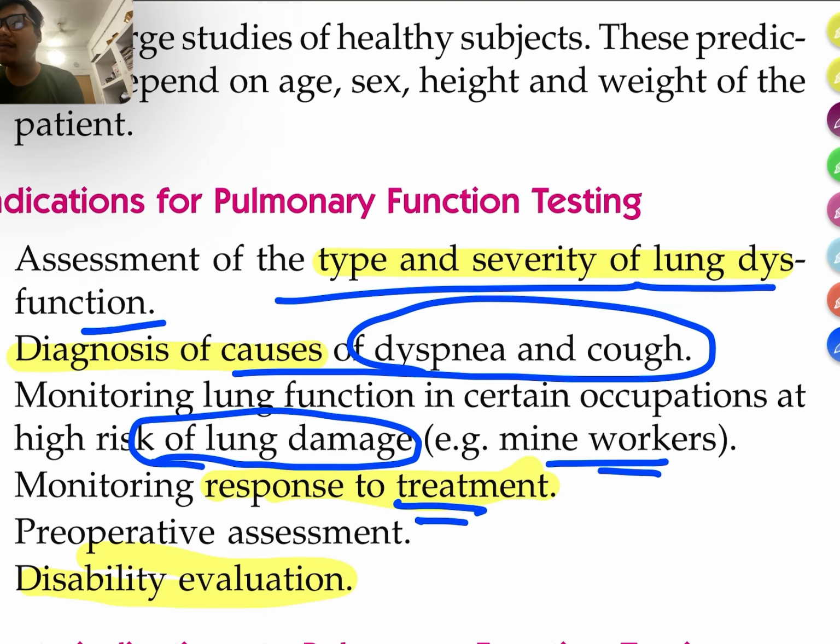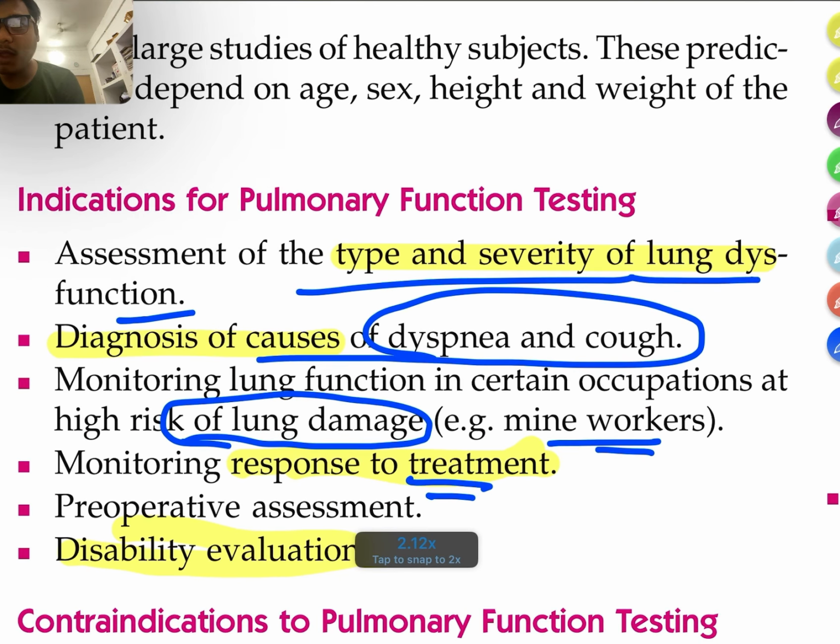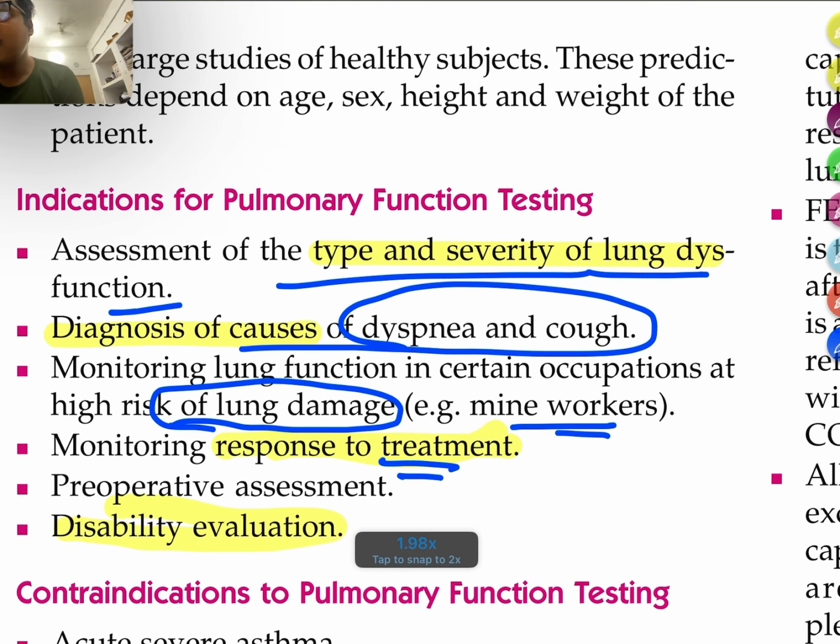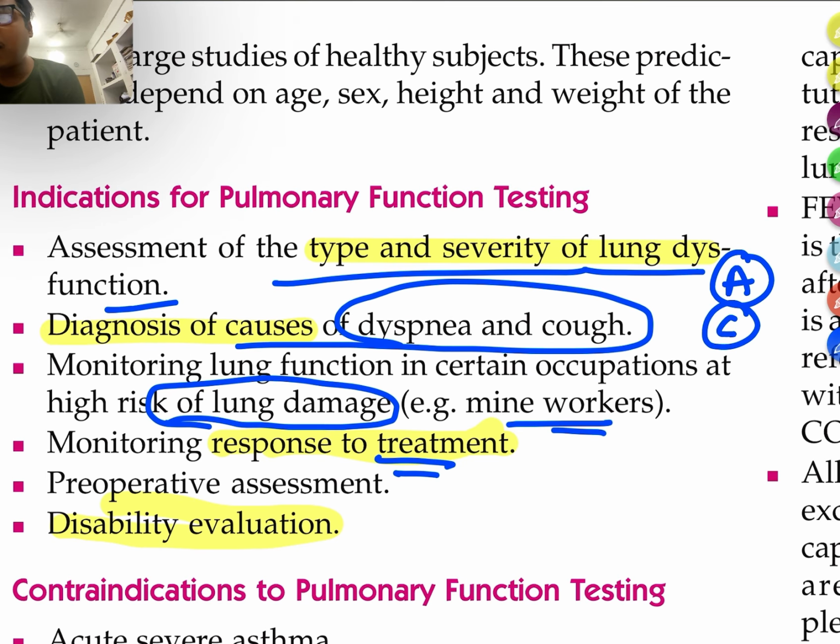So what points have we understood here? We will remember them alphabet-wise. First is A for assessment of the type and severity of the lung disease, and next C for cough and dyspnea. D is for disability evaluation. Next is monitoring of the response and pre-op assessment.